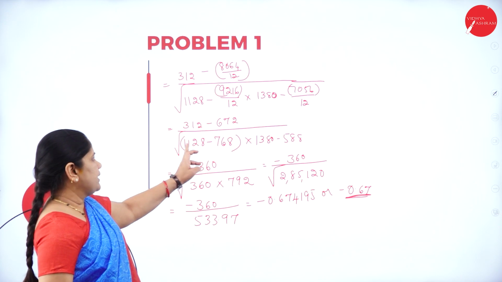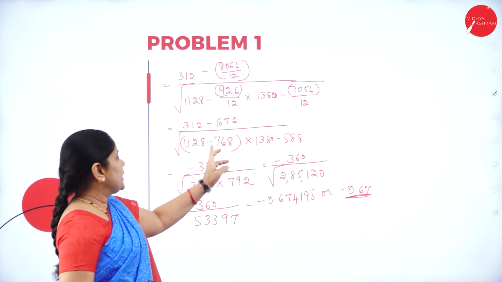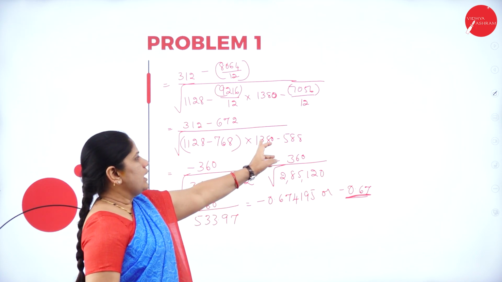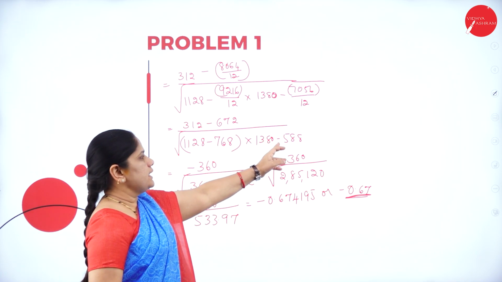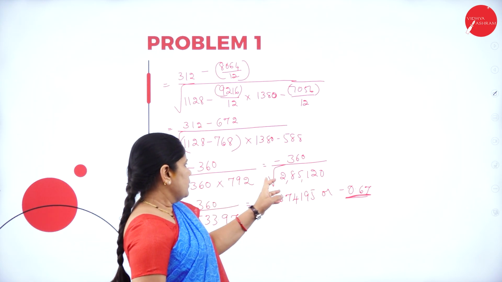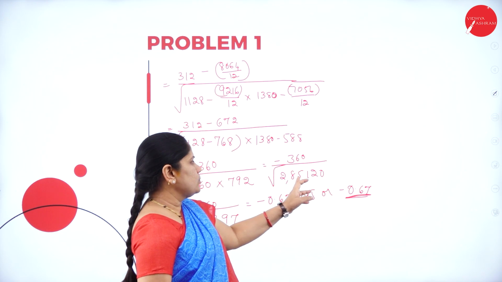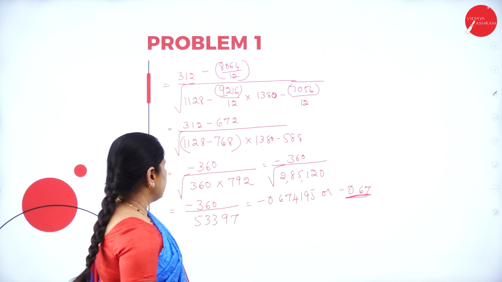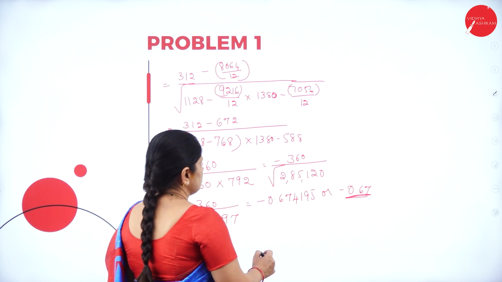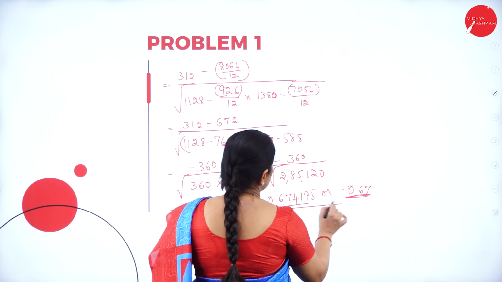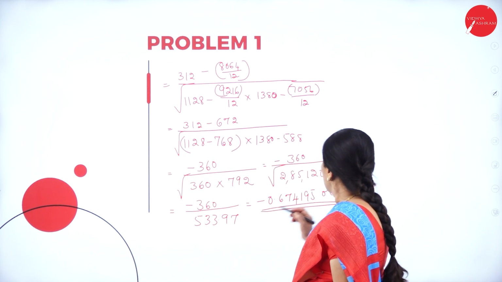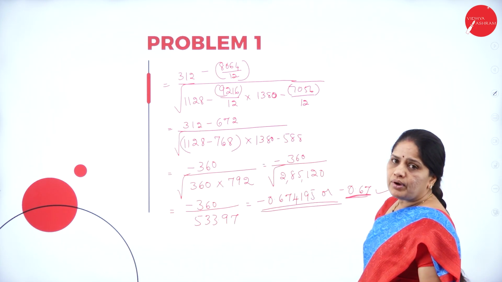When I simplify this, 1128 minus 768, I get 360, into 1380 minus 588, I get 792. When I simplify this, I get 2,85,120. Root of that is 533.97. So the correlation answer is 0.674195, or the correlation is minus 0.67.